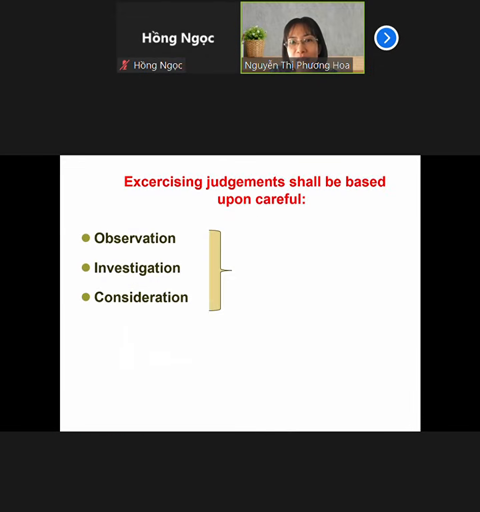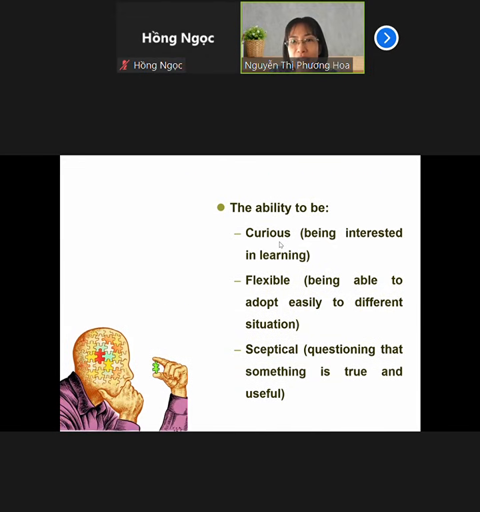Well, you already mentioned being curious, being interested in learning more and more, knowing the other points of view, knowing more about others' arguments, and critical thinking is providing you the flexibility.